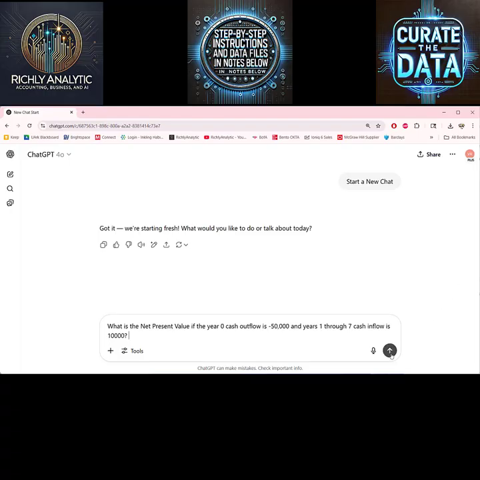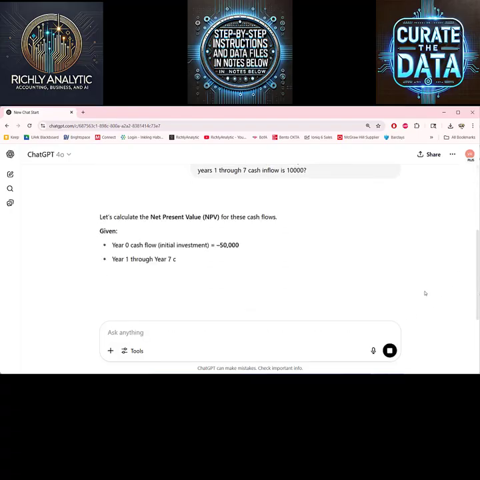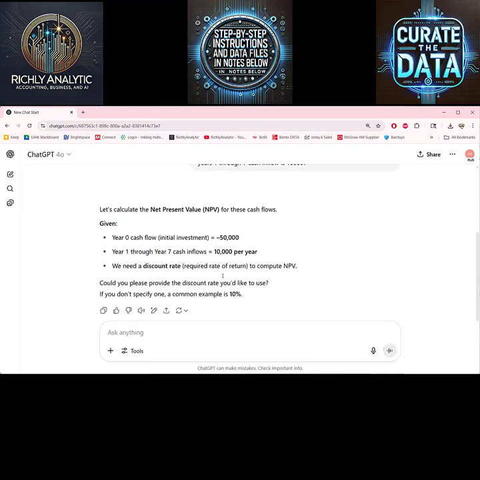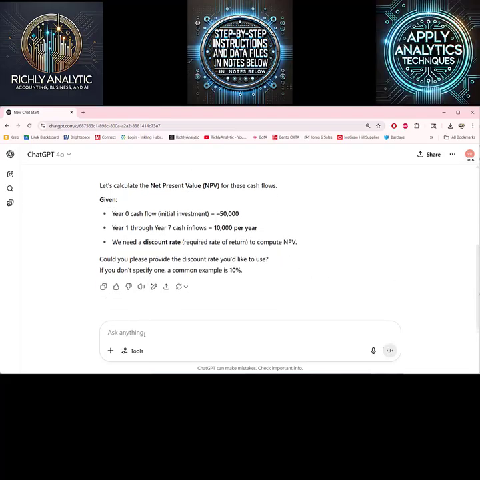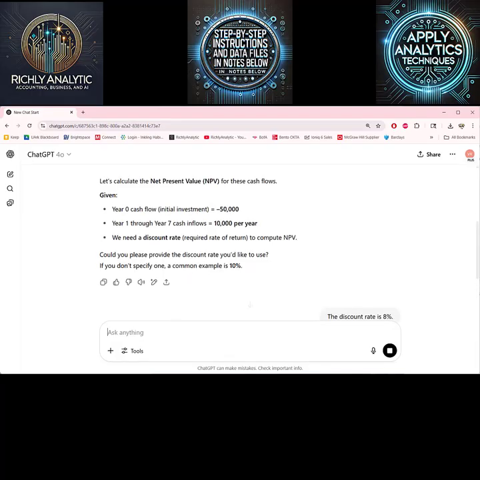It asks us about a rate of return, saying we need a discount rate. In this case, we're going to use a discount rate of 8%. So let's say the discount rate, or the cost of capital, or the required rate of return, is 8%. That's the cost of the funds, or the opportunity cost for our funds.